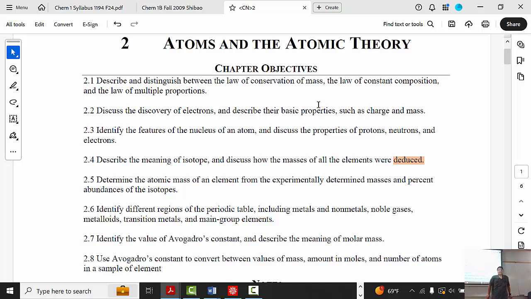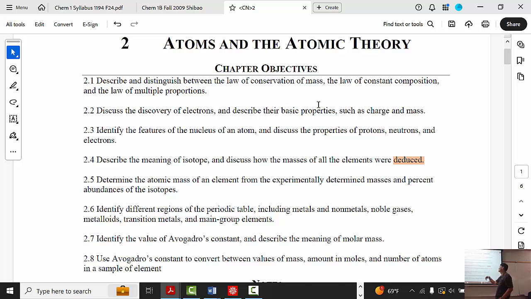Do you know who discovered the electrons? This isn't necessarily a history class, so I don't expect you to know the names and the dates, this type of stuff. But there are some important names. J.J. Thomson was credited for discovering electrons.